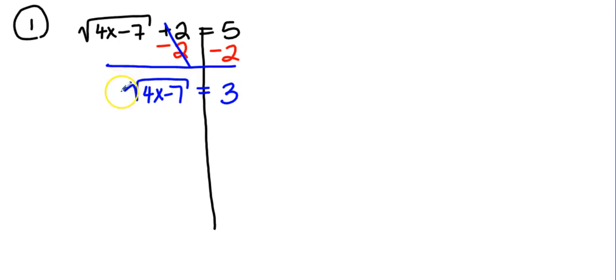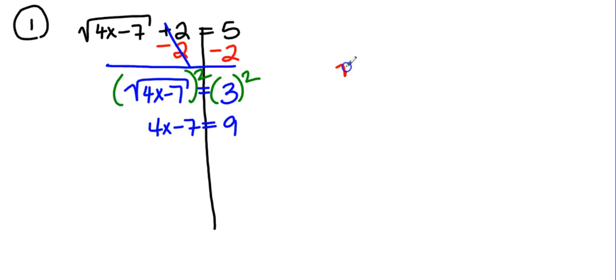The opposite of taking the square root is raising to the second power. So we will square both sides. When we square both sides, this square root and square cancels out, and I'm left with 4x minus 7 equals 3 squared is 9. And notice, no more radical sign.